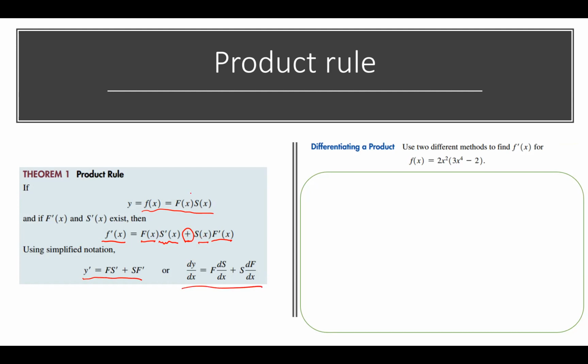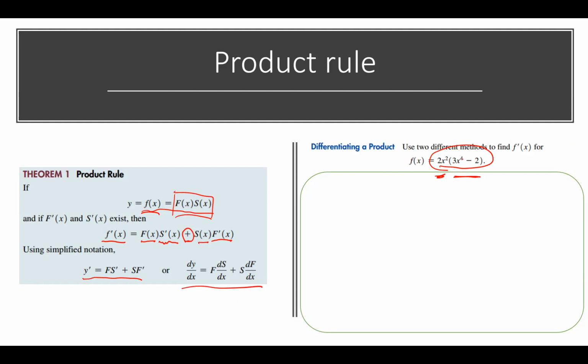So basically, if two functions multiply together to get the function f of x, then we need to distribute the derivative operation to each of them separately, and then add the results together. All right, so this is how we get the results. This function itself consists of two parts: the first part and the second part. So this is where we can plug in using the formula.